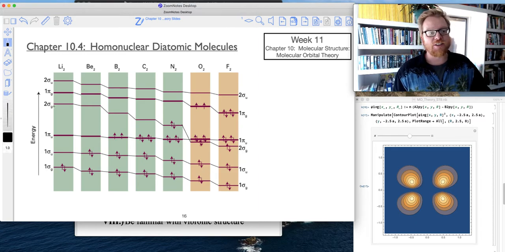You can also see this 2 sigma g is what really starts dropping down as we go into the more than half filled situation. As we populate electrons through, I want you to keep track of where we put all of these things: 1 pi u, 1 pi g, 2 sigma g, 2 sigma u.